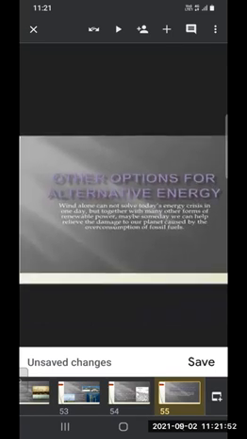Other options for alternative energy. Wind alone cannot solve today's energy crisis in one day, but together with many other forms of renewable power, maybe someday we can help relieve the damage to our planet caused by the overconsumption of fossil fuels.